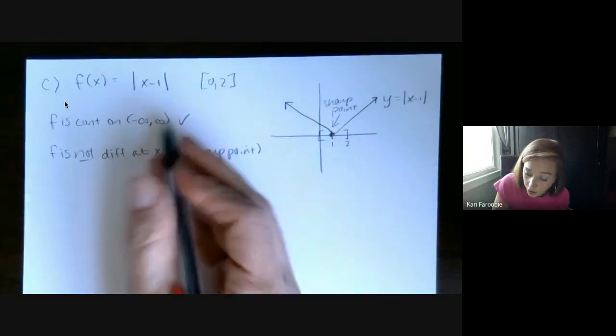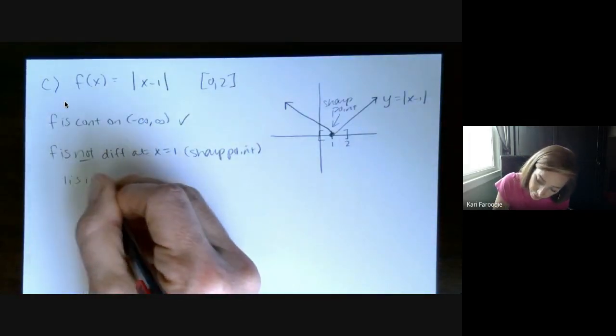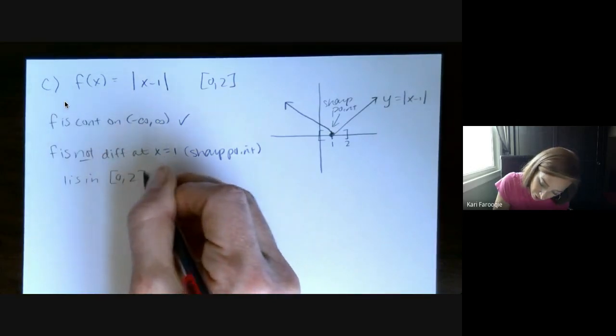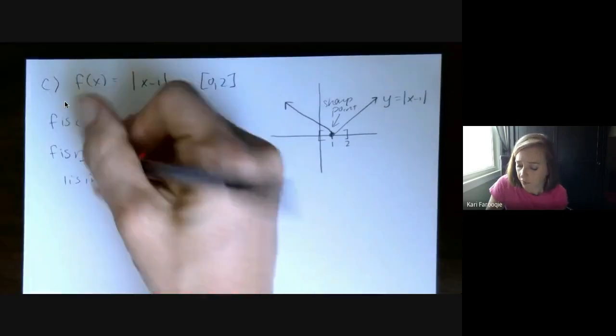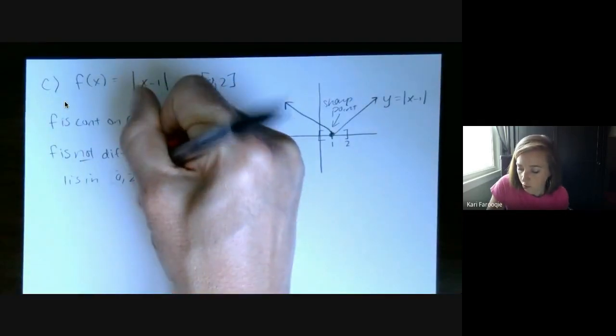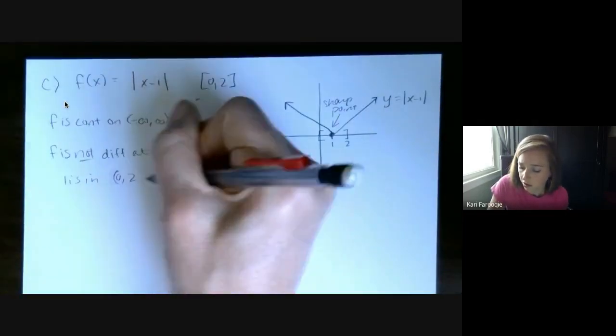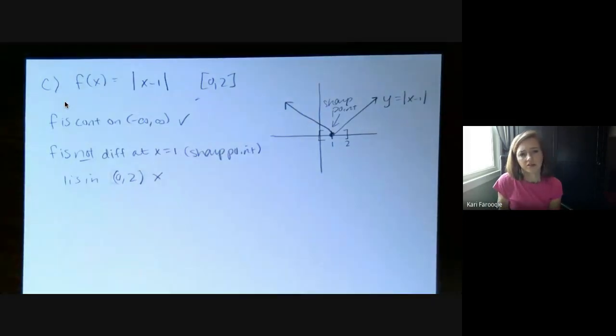And because 1 is in the interval, we have violated this condition for differentiability. You know, we have to use the open interval here for differentiability. Can't take the derivative at an endpoint. So this condition would not be met.